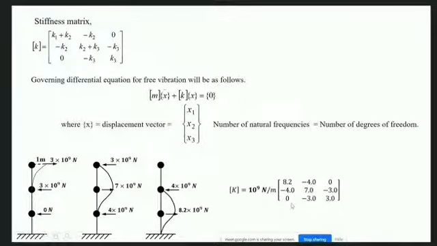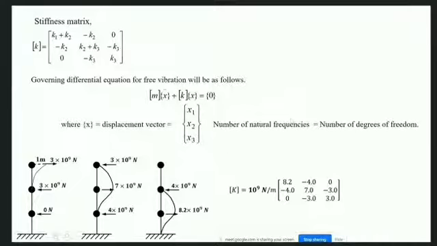And of course, this stiffness matrix or the mass matrix, all of them are of symmetric nature. And what should be the size? In this particular case, we are proceeding with 3 degrees of freedom. Therefore, the displacement vector will consist of these 3 elements. And how will we decide this number?